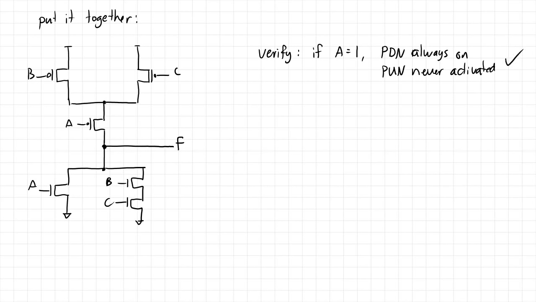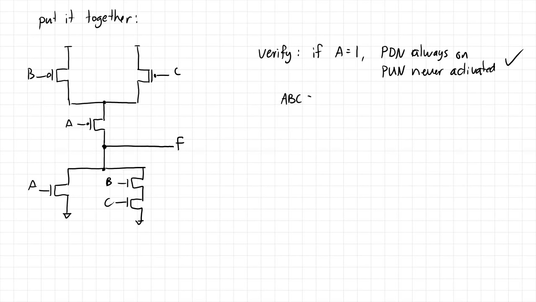So that's good. If A is 1, then the output is going to be 0 no matter what. It's A or B and C, all barred. And so if A is 1, it doesn't matter what B or C is, that sum is going to be equal to 1. That gets complemented, so the output is going to be 0. So this is correct. Now let's just go through a specific example.